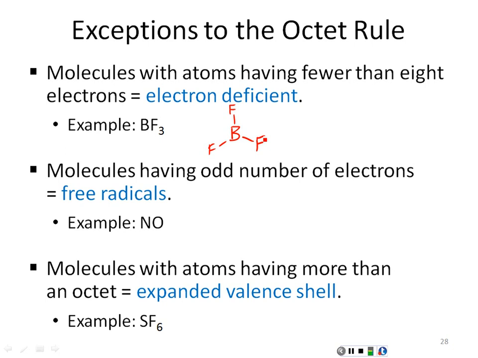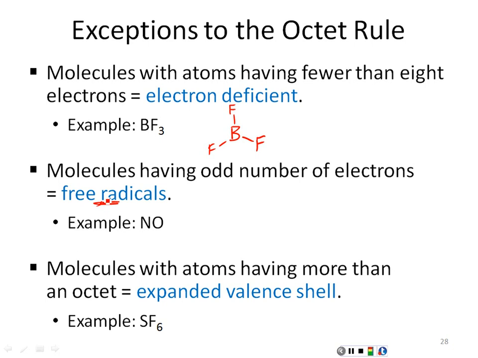Another example of an exception to the octet rule would be a molecule that has an odd number of electrons. And we call these free radicals. A classic example of that is nitrous oxide. Any molecule that has NO in it has a good chance of being odd number of electrons.